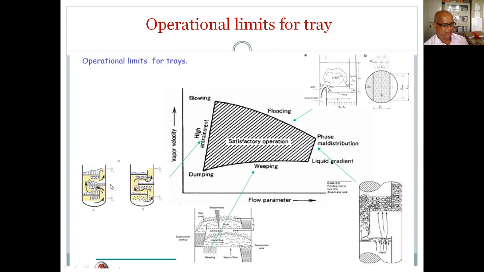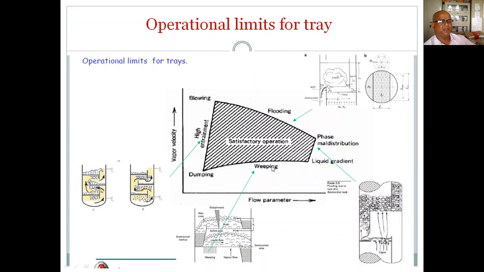It will enter from the bottom, and one channel will go directly up, so there won't be any bubble formation. Instead of bubble formation there will be one channel of gas going up, so there will be no mixing, no mass transfer.